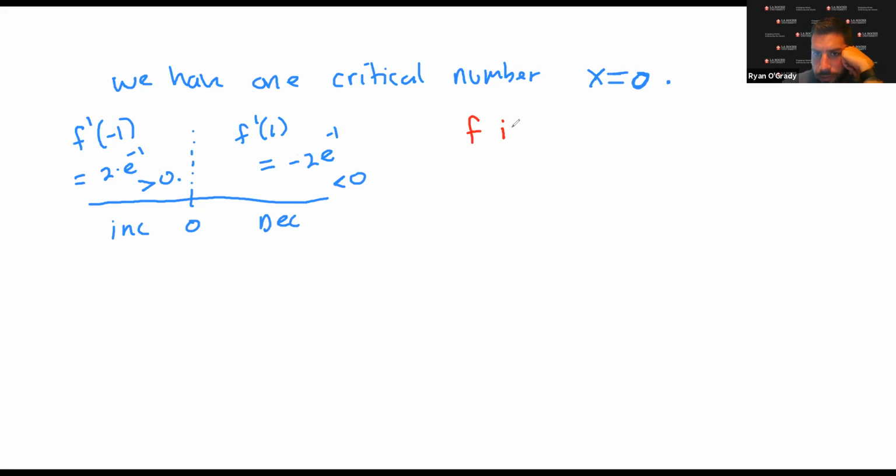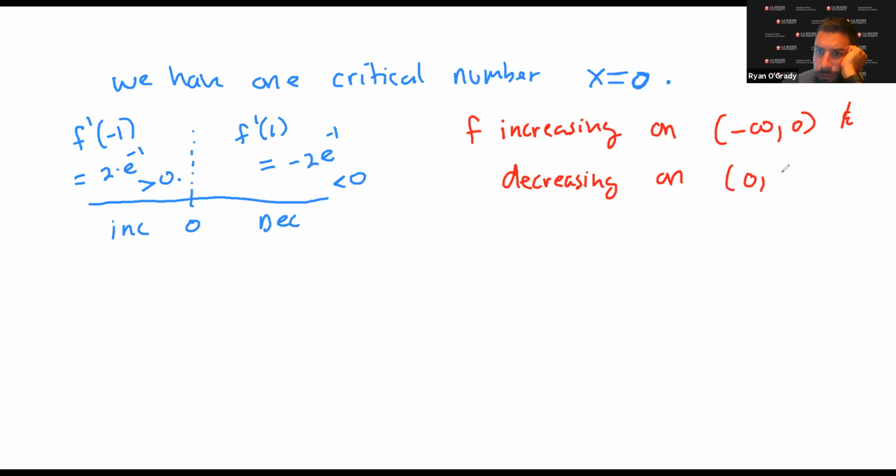So f is increasing on -infinity to 0, and decreasing on 0 to infinity. Again, I pointed out this idea twice: even though this is e to a negative number, don't forget that e to the -1 is just 1 divided by e. It's a positive number.